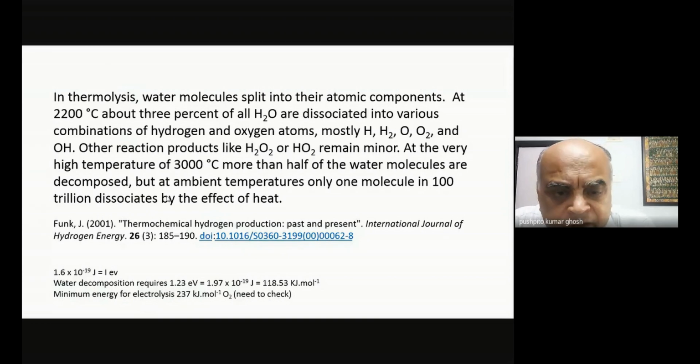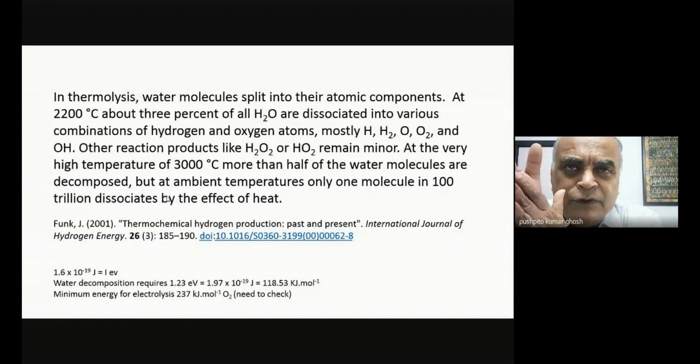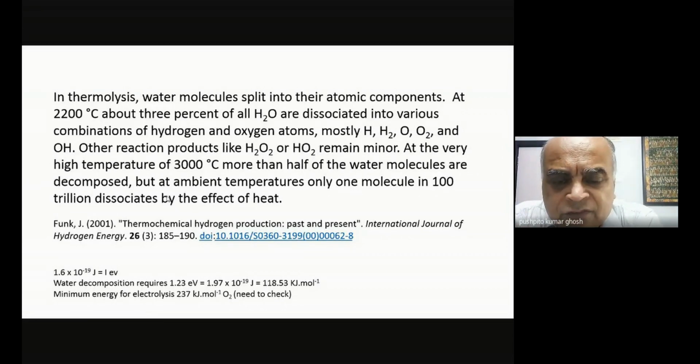Now, let us try and understand some of these chemicals that people have been talking about, which are of great importance. One of the really much sought after holy grails is the decomposition of water to hydrogen and oxygen.